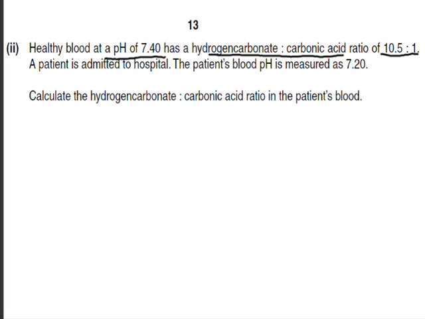We are also told that a patient's blood is measured at a pH of 7.2. We are asked to calculate the hydrogen carbonate to carbonic acid ratio in the patient's blood.